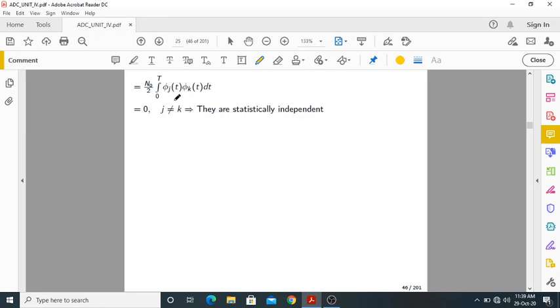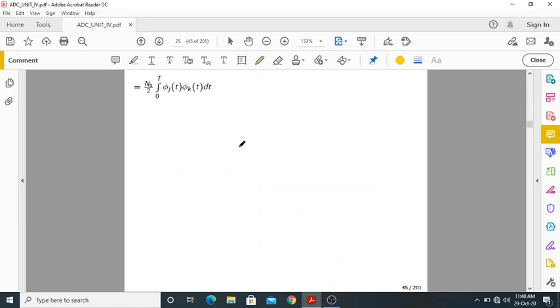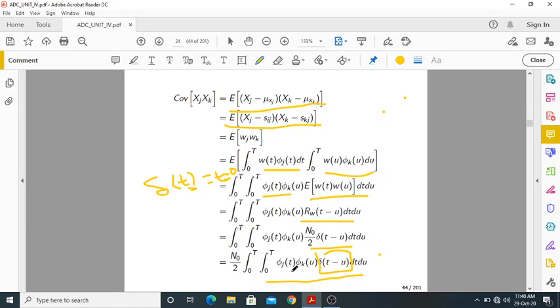So when t equals u, what is happening? The delta term will be 1, leaving phi j of t, phi k of t. Please make a note of this: I am not changing j, k. I am changing t and u. Here t becomes u, not j equal to k.